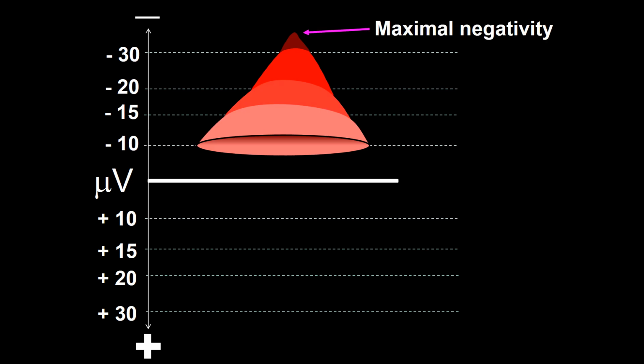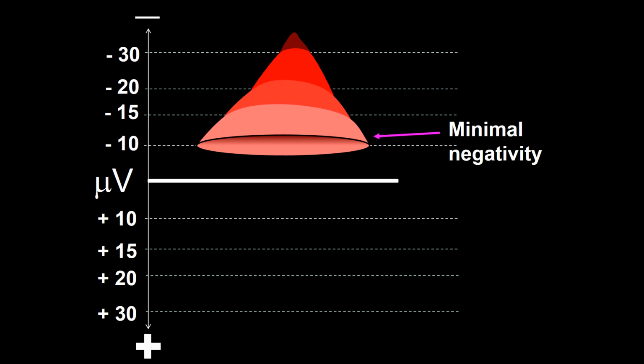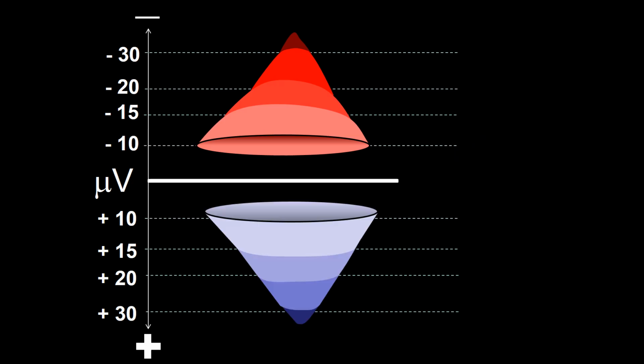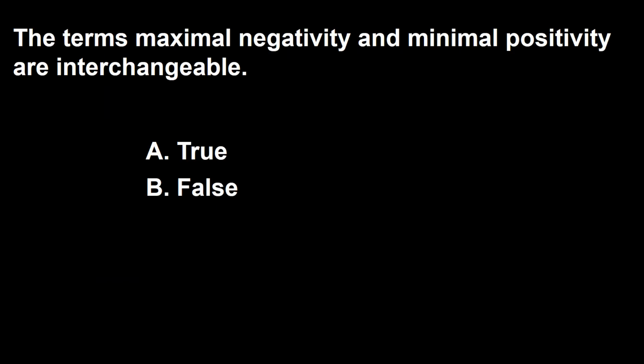The apex is the maximal negativity. The base represents the minimal negativity. Now I am introducing a three-dimensional positive field. As you can see, the maximal positivity is again at the apex, but the apex is now upside down. The minimal positivity is on top. So the answer to this question is false.